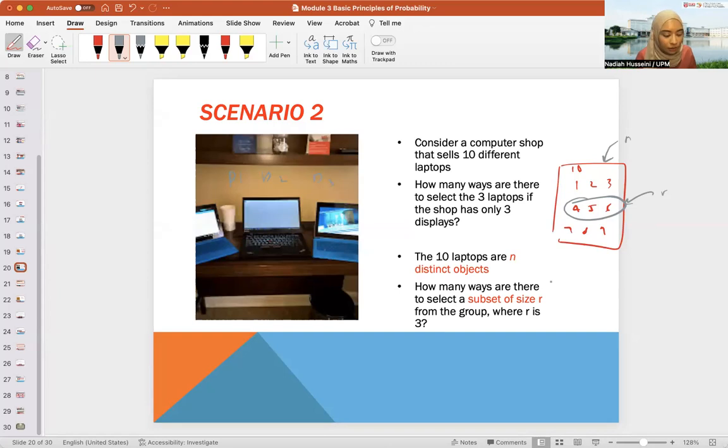Okay, so what can you tell me the difference between scenario 1 and scenario 2? Anyone want to try? What's the difference?